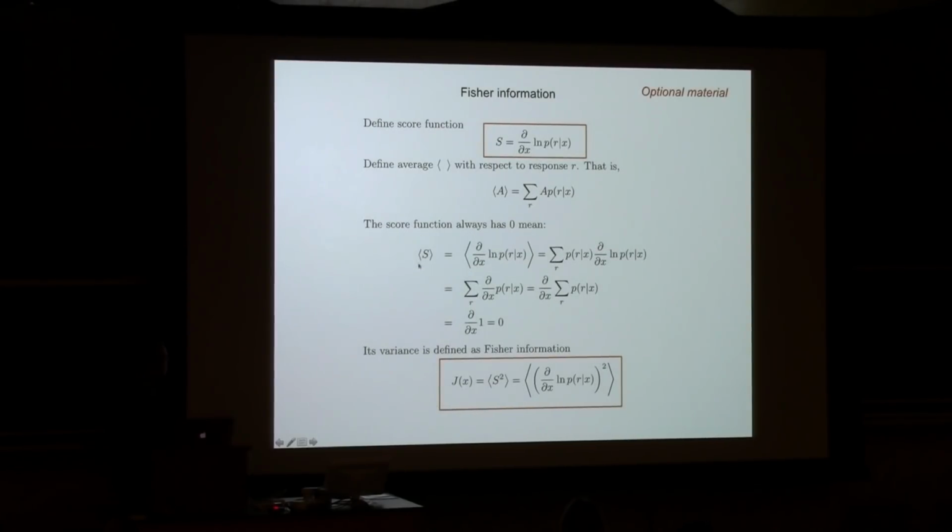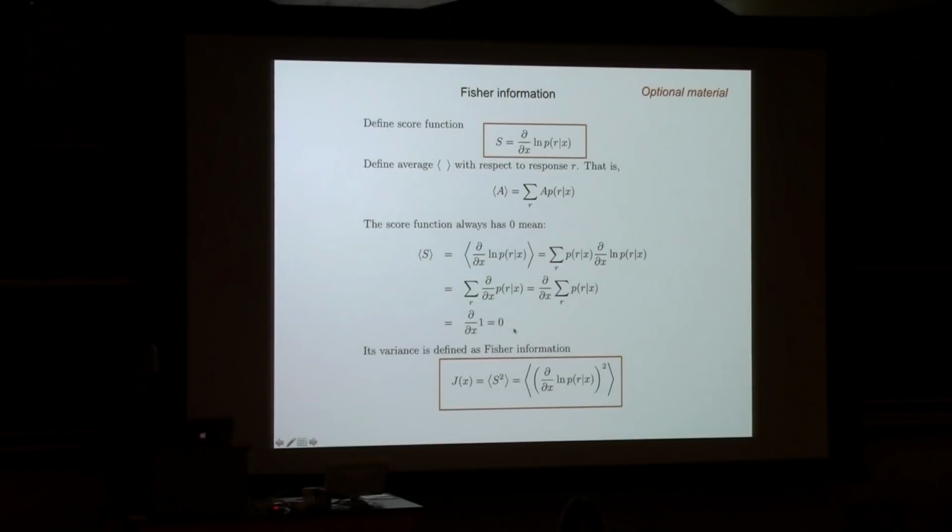I'll just go through this so you get some idea. It turns out this score function always averages to 0. By definition, you take the derivative of the log function, which is the derivative divided by the probability itself, and then they cancel each other. You exchange the order of derivative and summation, because the probability is always normalized to 1.